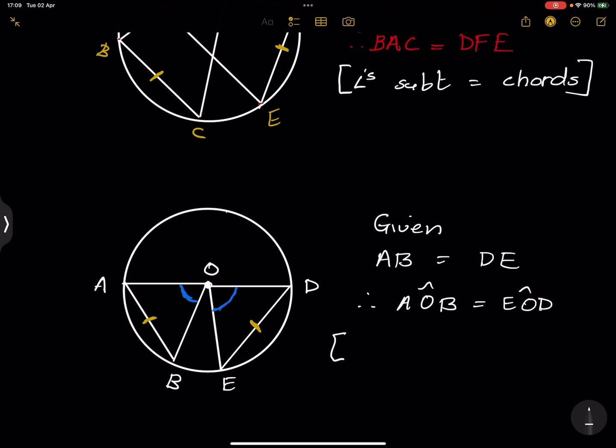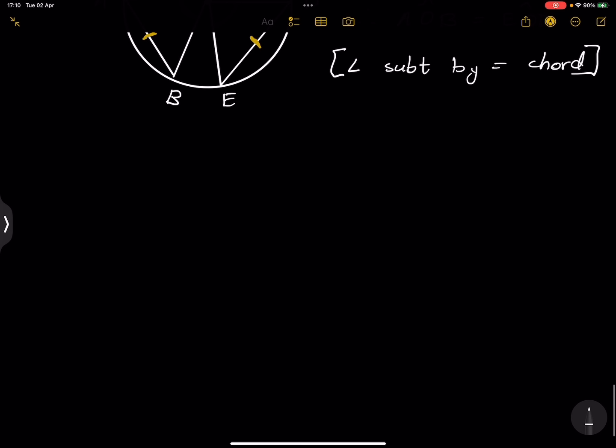And why is that? Once again, these are angles that are subtended by equal chords. By the way, ladies and gents, this is not a very popular one, but it does appear now and then.